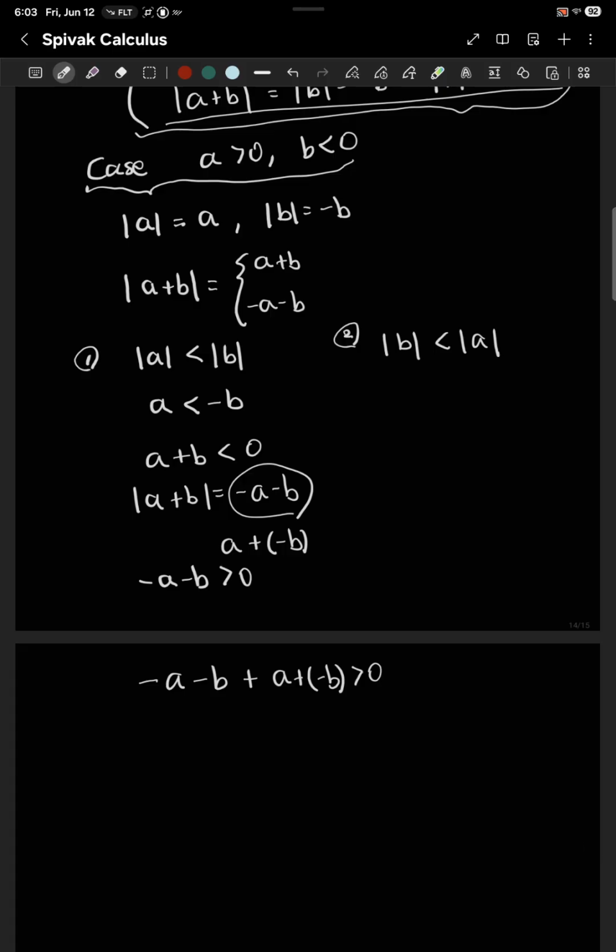By closure, right? So that means that A plus minus B is greater than A plus B. But that's not what we're trying to prove here. A minus A plus minus B.